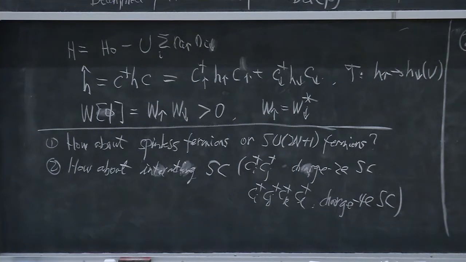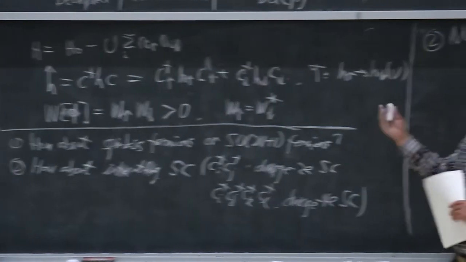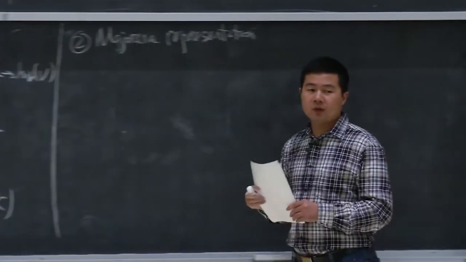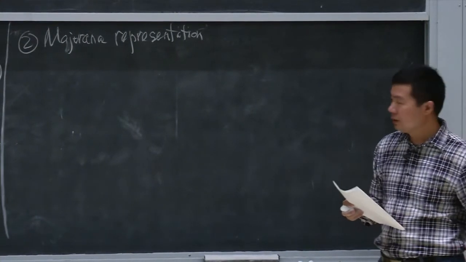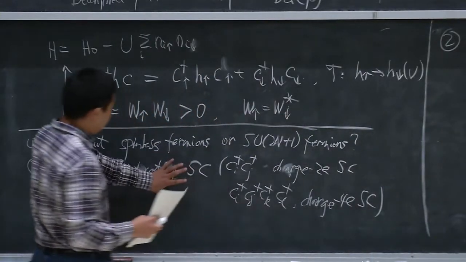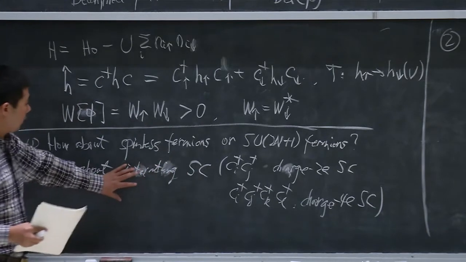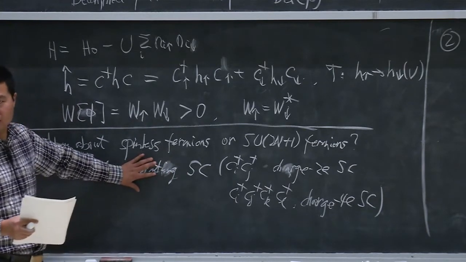It really doesn't care about particle number conservation. So it's a natural generalization of the usual complex fermion algorithm. This is a natural way to solve the sign problem in interacting superconductors.